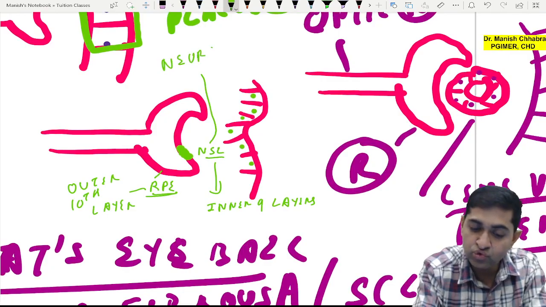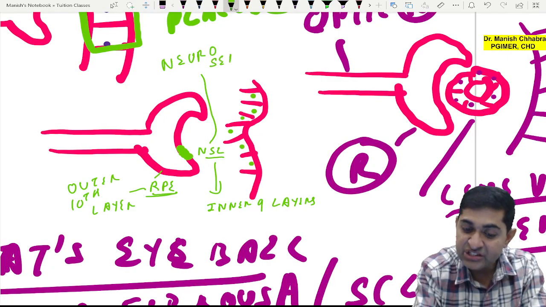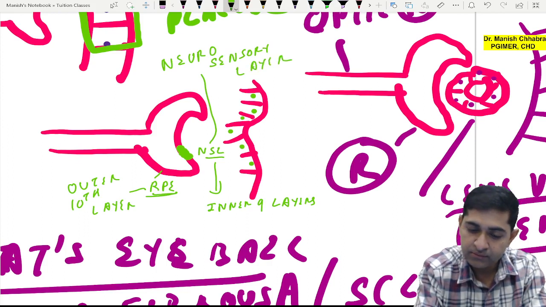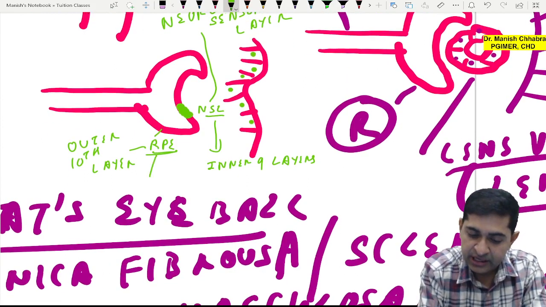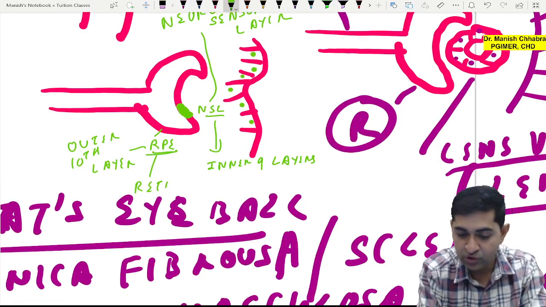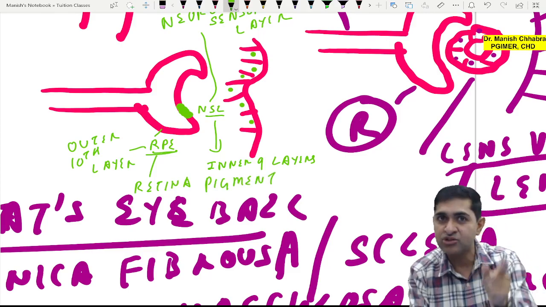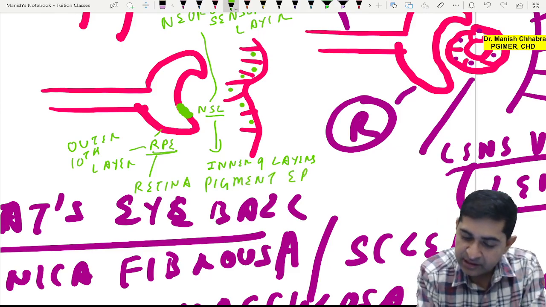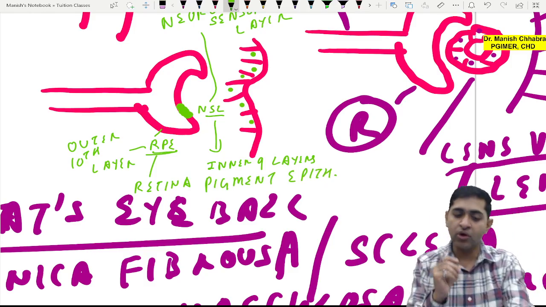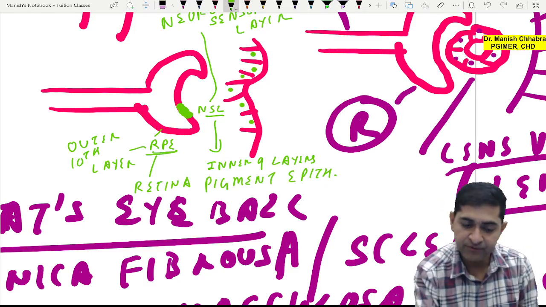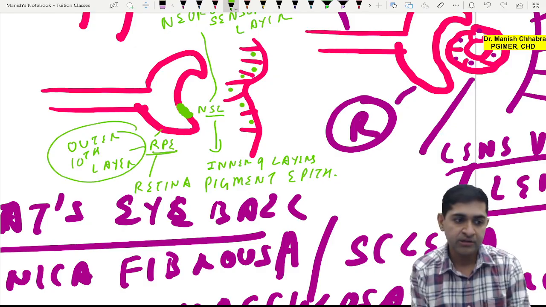It is neurosensory layer. What is RPE? R is for retina, of course. Because it has melanin pigment, we call it pigment. And it is epithelium, so you call it retinal pigment epithelium, which is the outermost 10th layer.